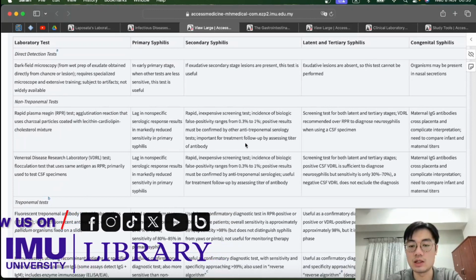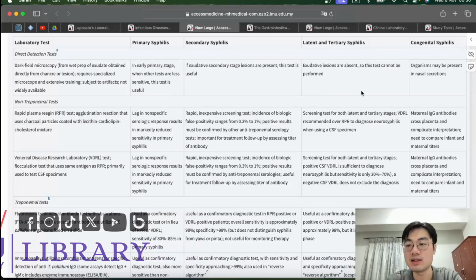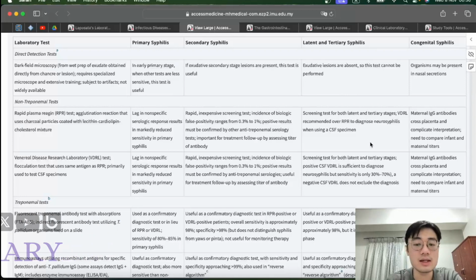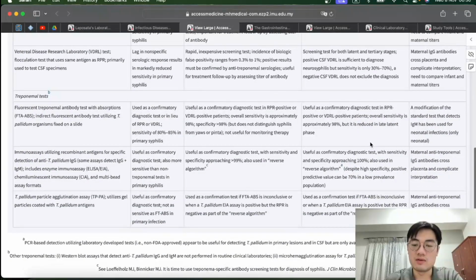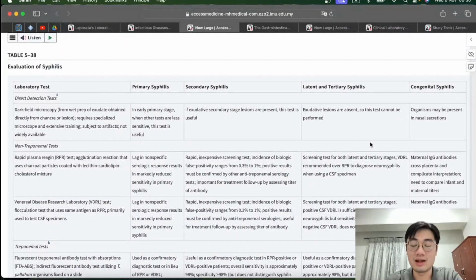They also explain why you do this, and what you will see at each stage of syphilis, which is very concise and very helpful when you are revising this particular disease, especially for our exams.